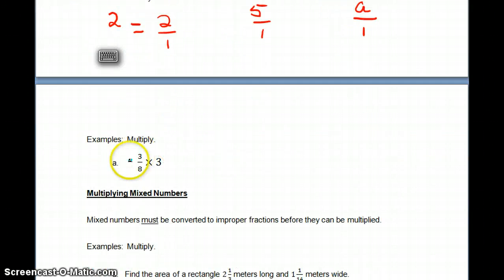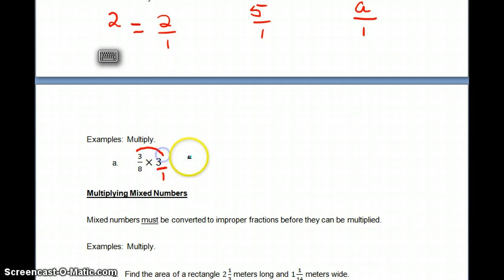So when we are multiplying a fraction by a whole number, we can write that whole number as a number over 1. And now we have two fractions, just like we've been working with. So we have 3/8 times 3 over 1. Look for some cross canceling. There is none. So we can straight multiply.